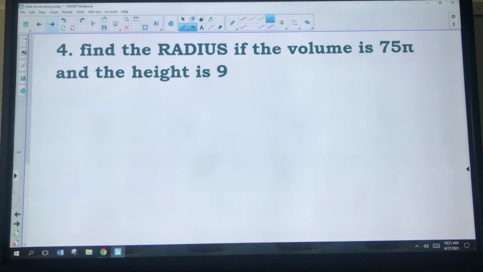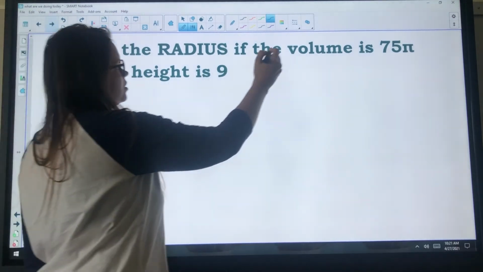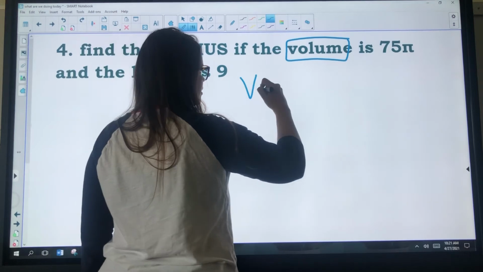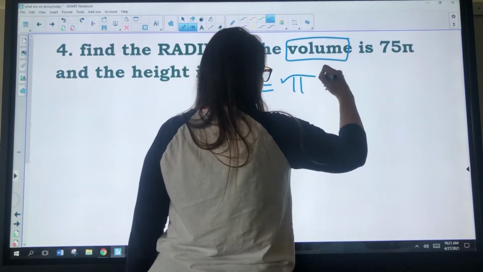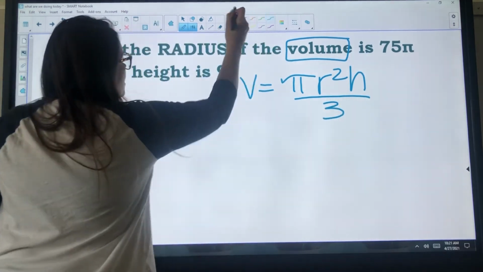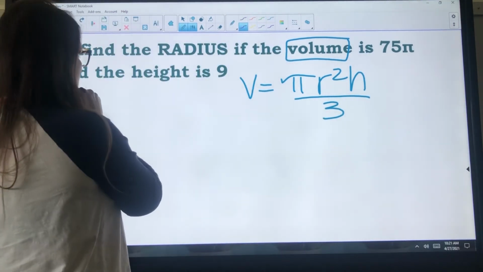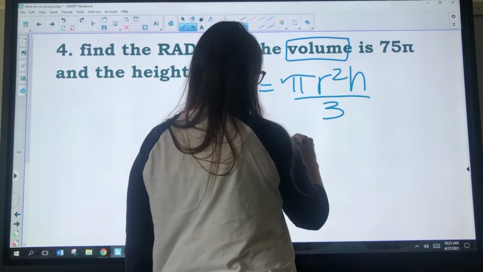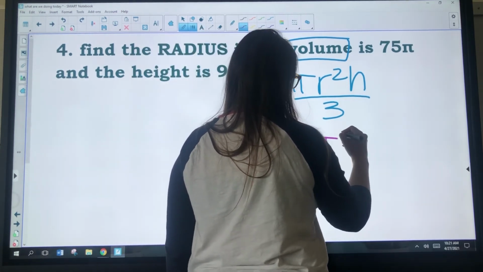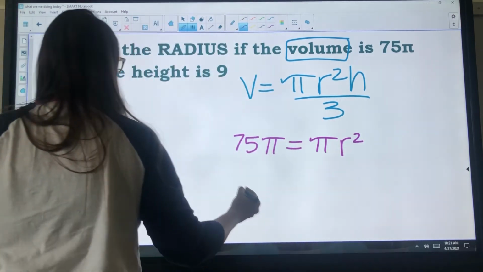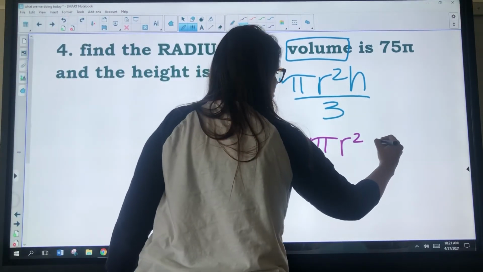Last one, I believe. Find the radius this time, if the volume is this and the height is this. Okay, you start out with your formula. Step 2, you plug everything in. 75 pi equals pi r squared times h over 3. We don't know r, but we do know h.